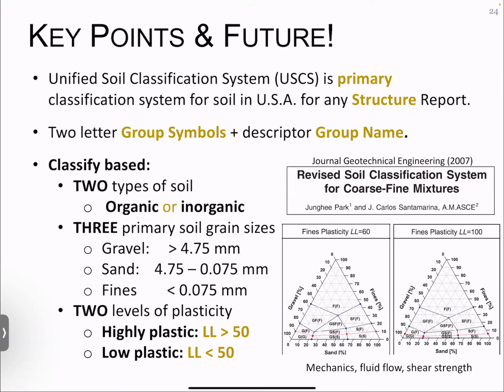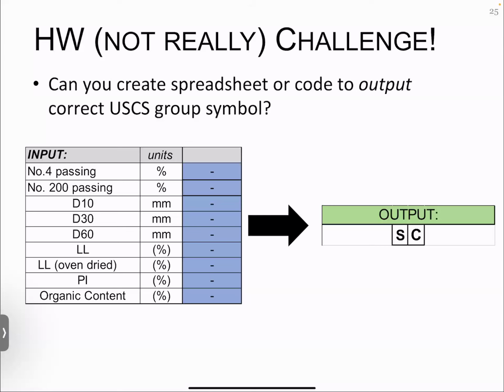So this is a guy right here, Carlos Santamarina. He does a lot of work in looking at a better way for classifying soils. So maybe this is going to be something that might take hold whenever you guys are senior engineers, a little bit down the line. So who knows? But there is research in that. But still, the USCS is kind of the standard way of doing it.